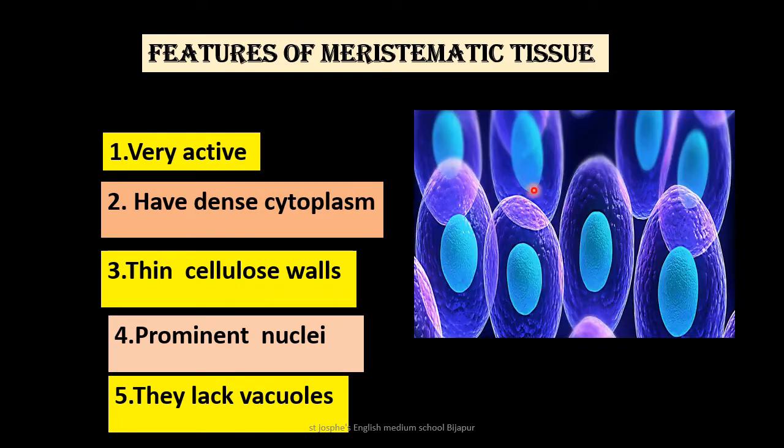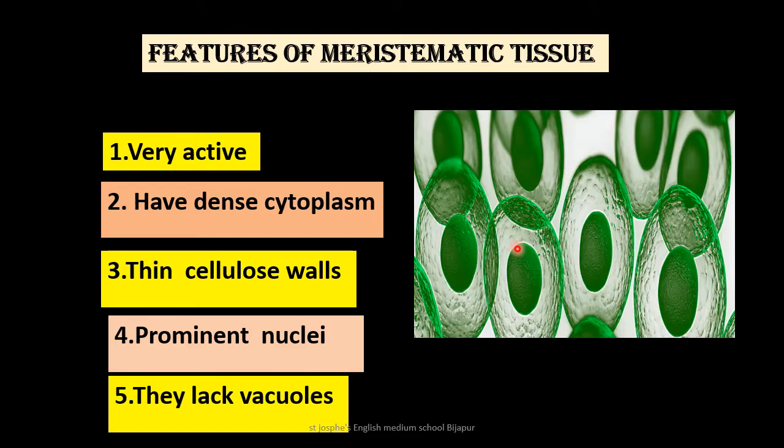Because these particular cells continue to grow. If you talk about the function of a vacuole, the vacuole is meant for storage as well as support, and these meristematic cells require neither, meaning they don't require storage or support, so they lack the vacuole.